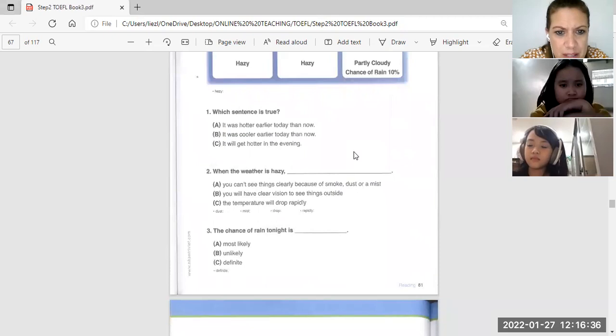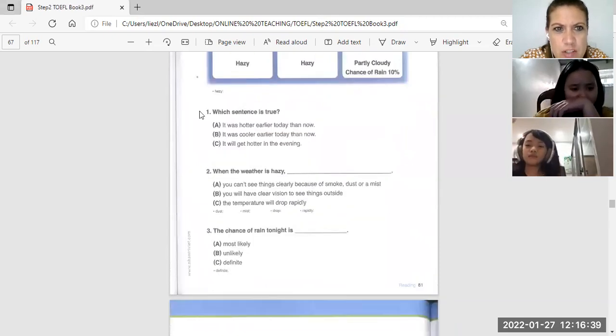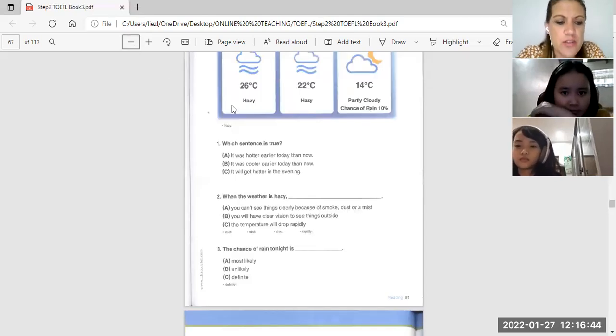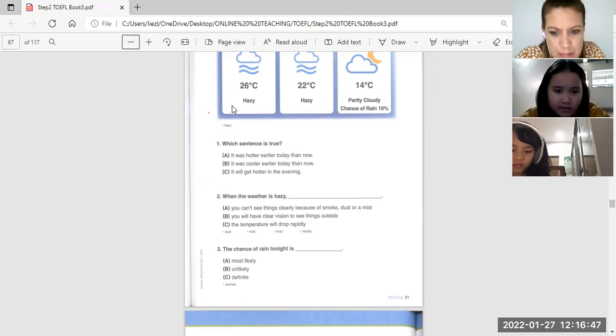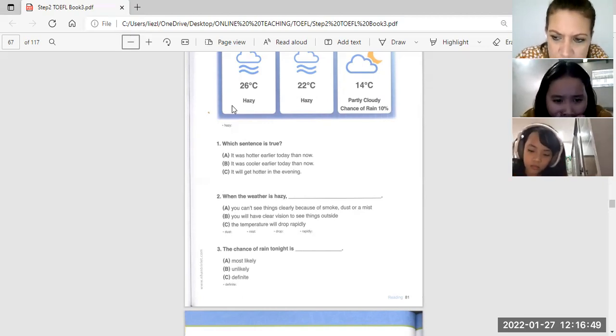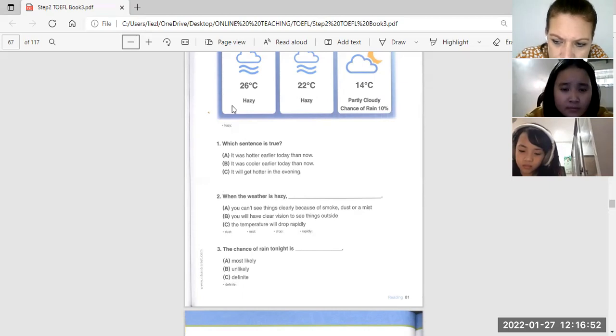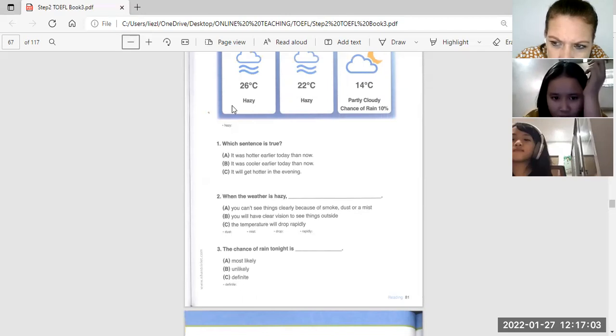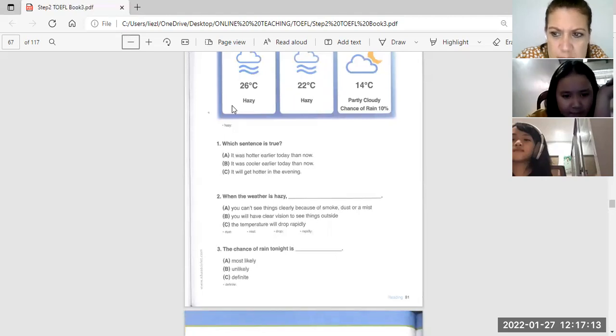Good. Number 3, the chance of rain tonight. What's the chance of rain tonight? I can't hear, sweetie. You can hear me? Yes. Number 3: chance of rain tonight.